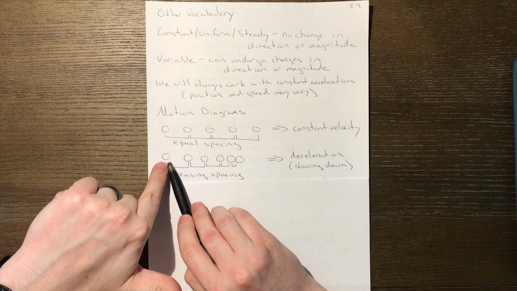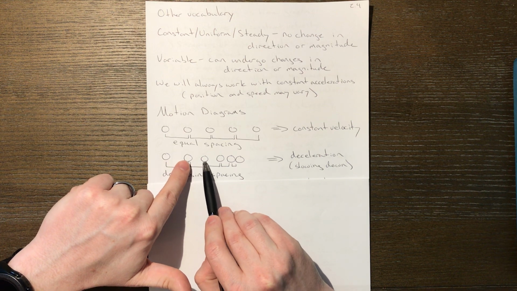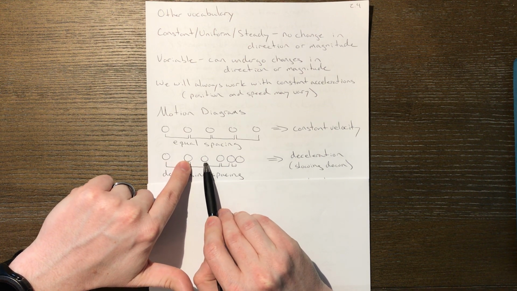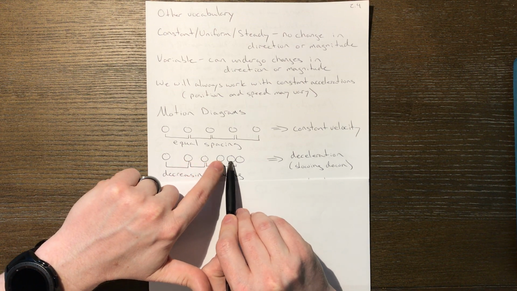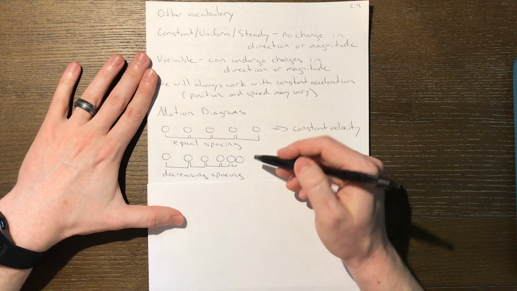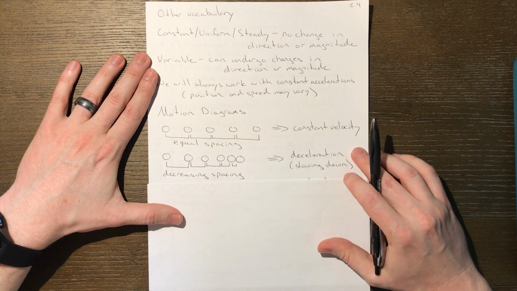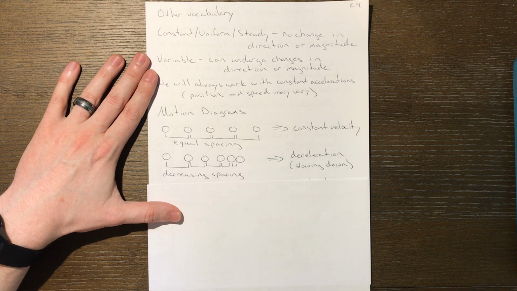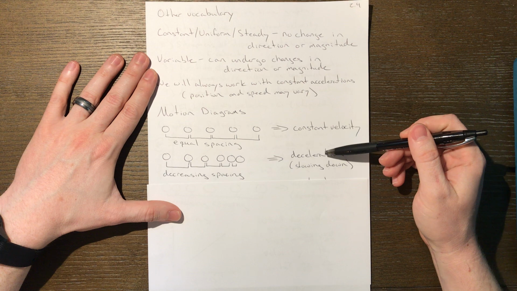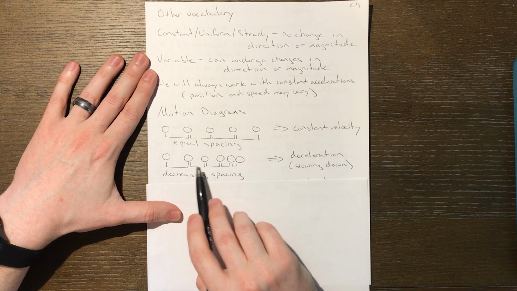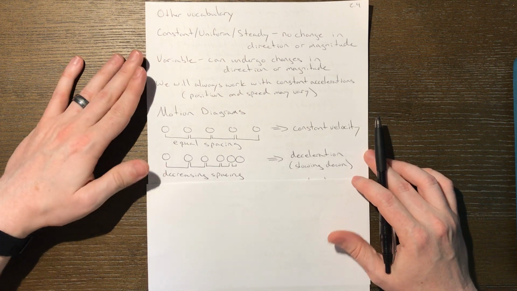So if it doesn't go as far between these timestamps, it must have slowed down. And then it slows down more and more until if it was stopped, we would just keep piling up images right on top of the other. This motion diagram indicates a negative acceleration or deceleration. We can see from the decreasing spacing that this object is slowing down.